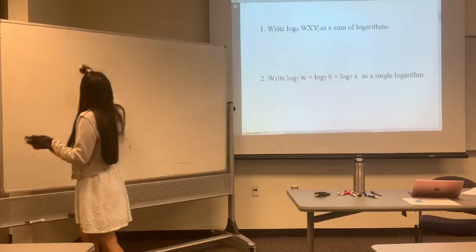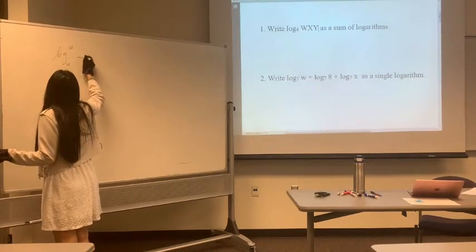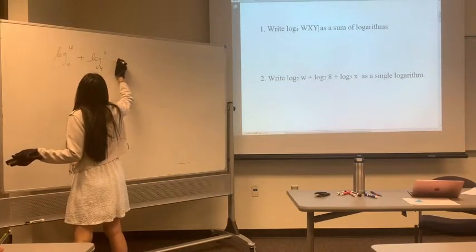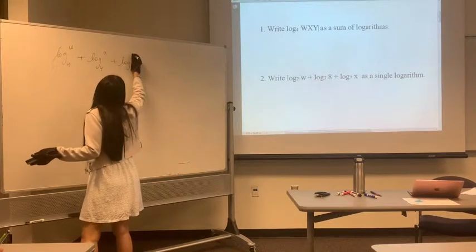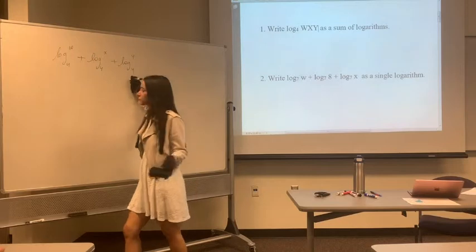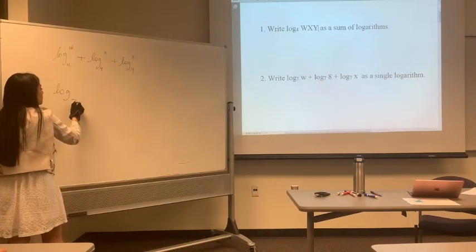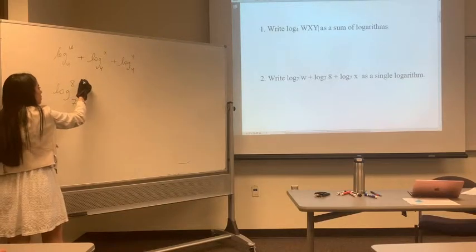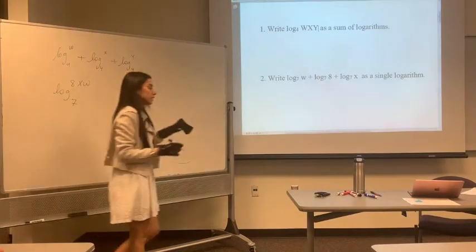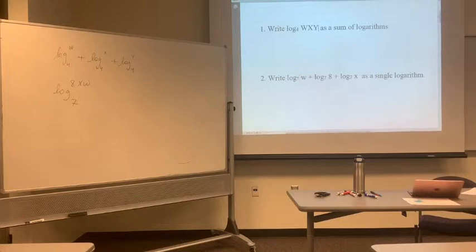So the first one is log base 4 w plus log base 4 x plus log y base 4, right? The second one is log 7 8 multiplied x multiplied w. That's it. It doesn't matter the order.